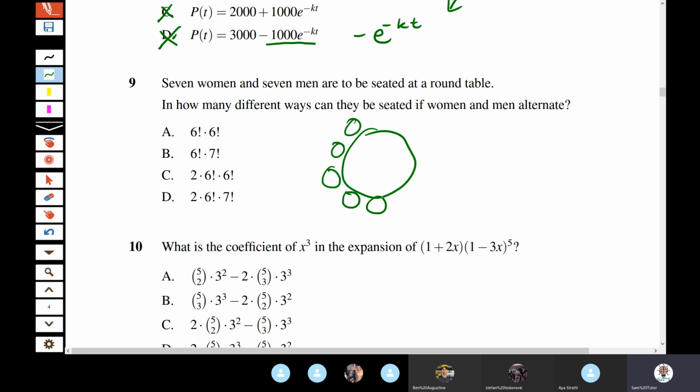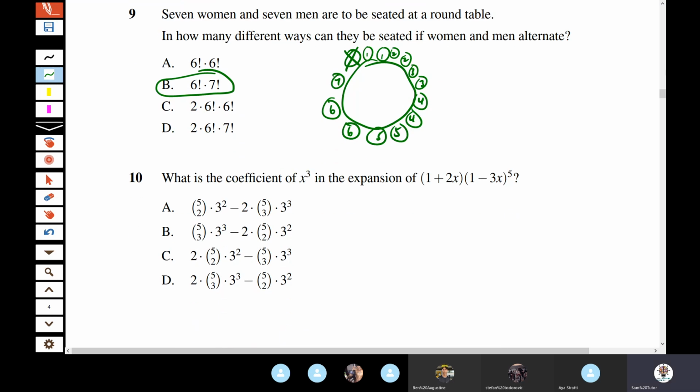One person sits down, and then there would be 7, 6, 5, 4, 3, 2, 1 of the other gender, and 6, 5, 4, 3, 2, 1 of the other. So that would be 6 times 7 factorial ways.